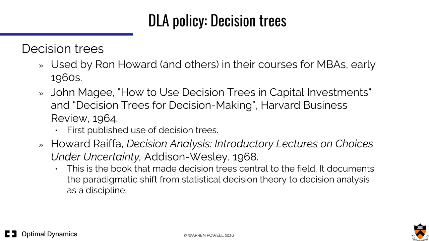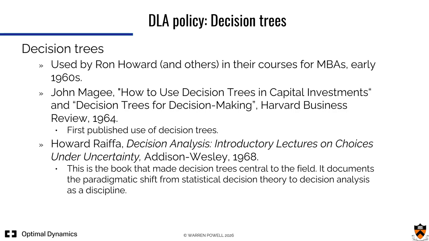Probably some of the earliest uses of decision trees were back in the 1950s and 60s. Ron Howard and others were just using this in their courses for MBAs. The first published version of decision trees was by John McGee. He had two articles that appeared in Harvard Business Review in 1964.